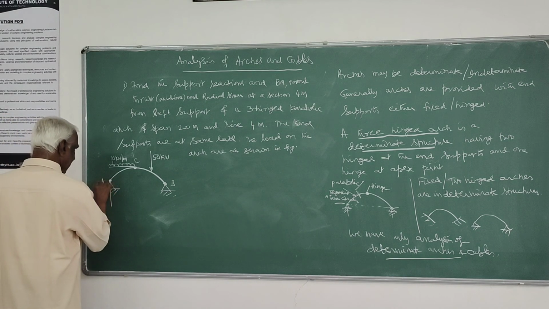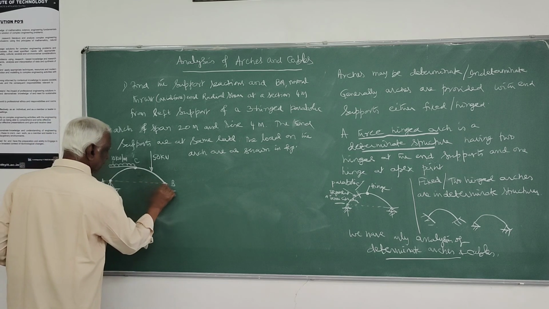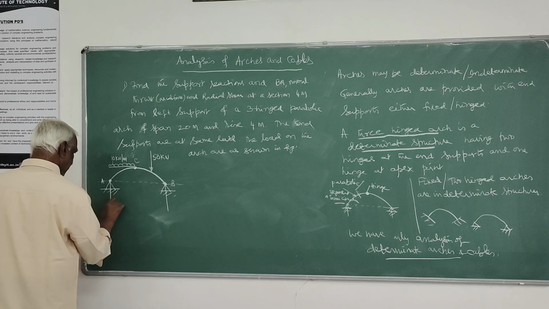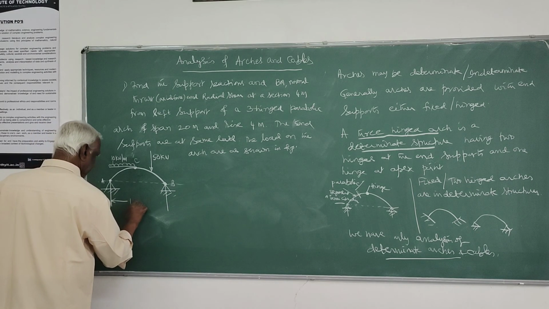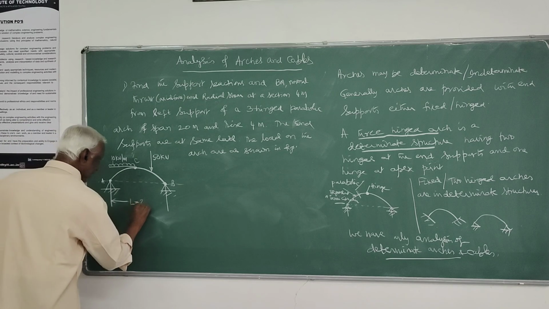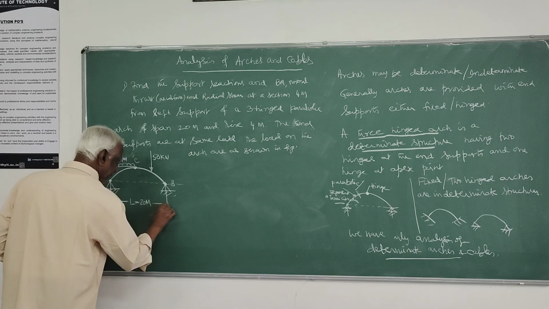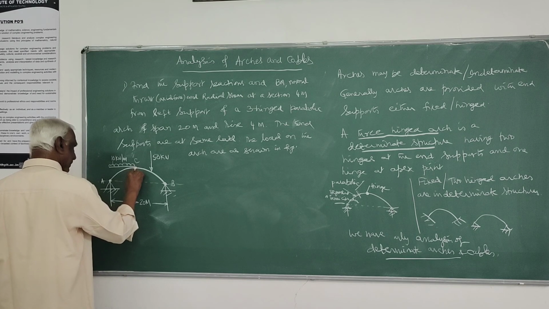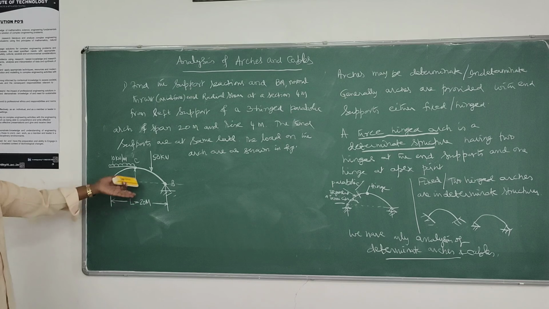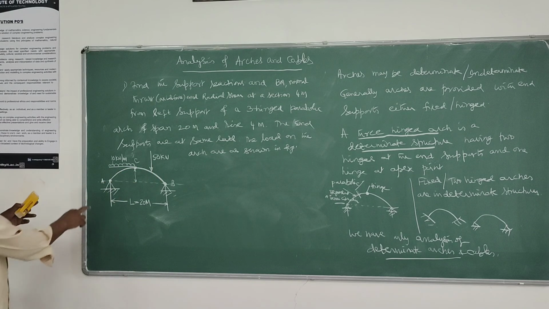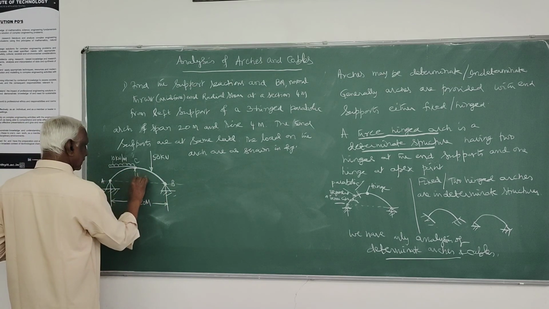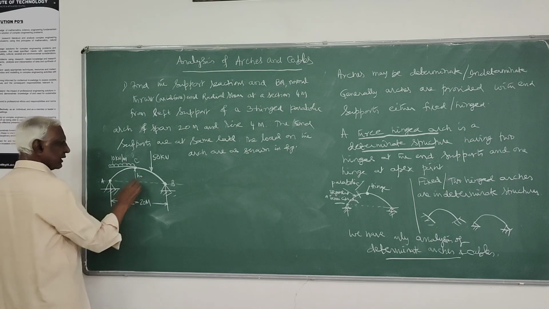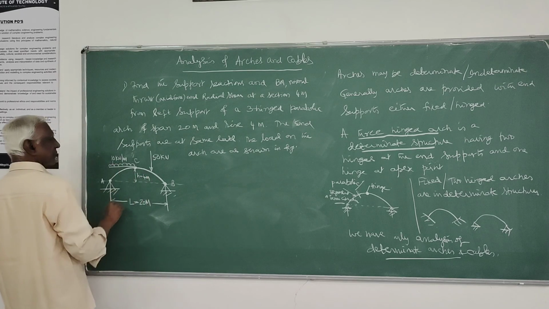This arch has supports at same level, so this is perfectly horizontal, and the span of the arch we denote by the symbol L, that is equal to 20 meters, and the rise is the vertical height of the hinge above the springing level. This is called springing level, and this is that rise. They usually denoted by the symbol H, and this is 4 meters.